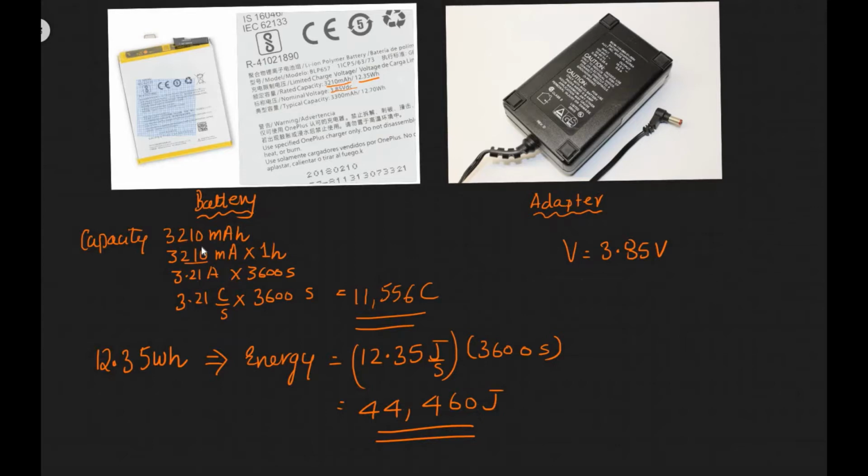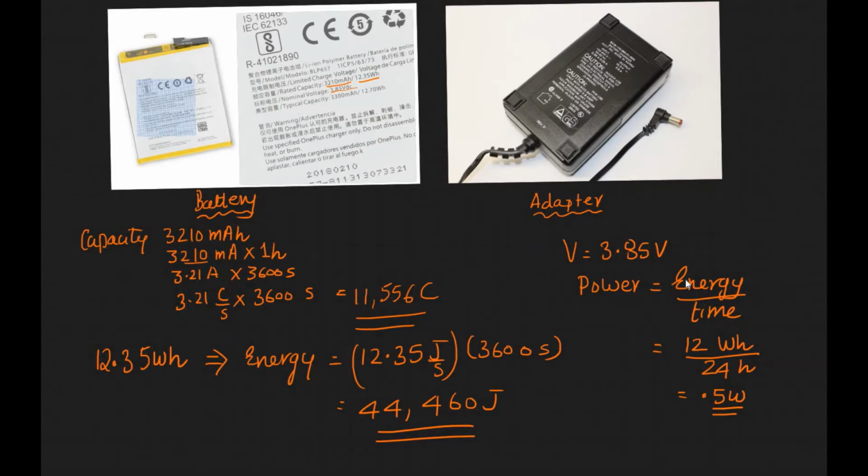Your average power will be equal to energy by time, and we know the energy it stores is approximately 12 watt hour, divided by 24 hours. So that's about 0.5 watts. That's the amount of power that your battery is delivering.